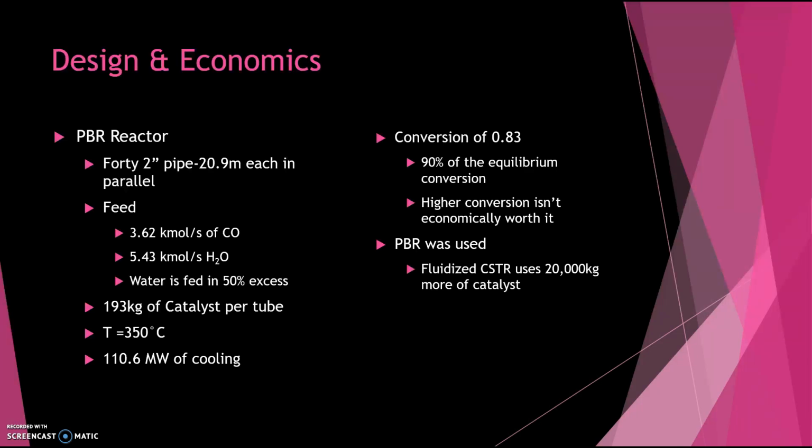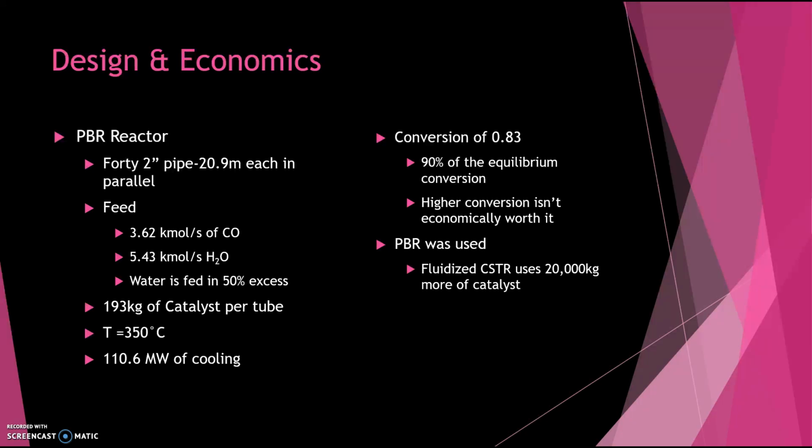So for our reaction, we created a PBR reactor with 42-inch pipes, each 20.9 meters long. What we fed into the reactor was 3.62 kilomoles of carbon monoxide per second and 5.43 kilomoles of water per second.